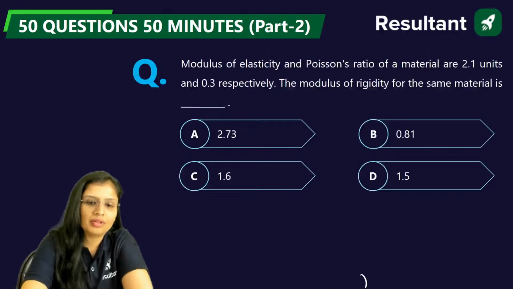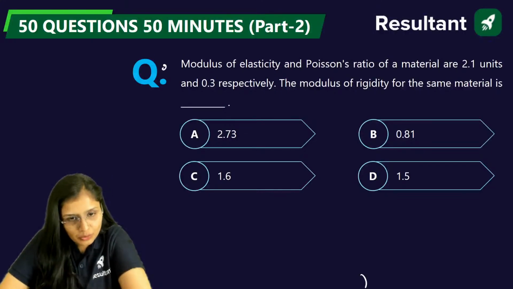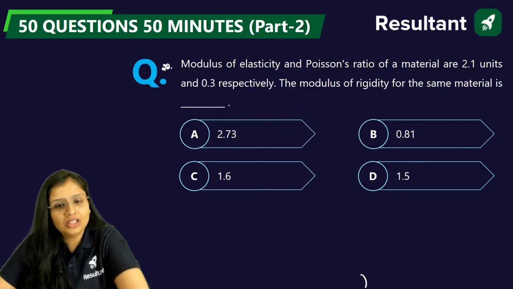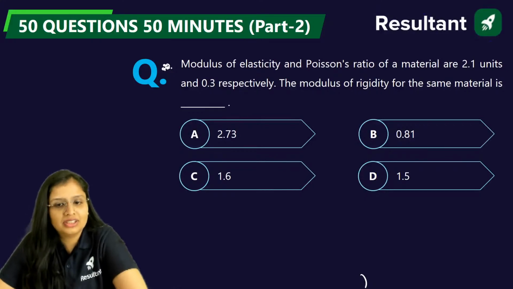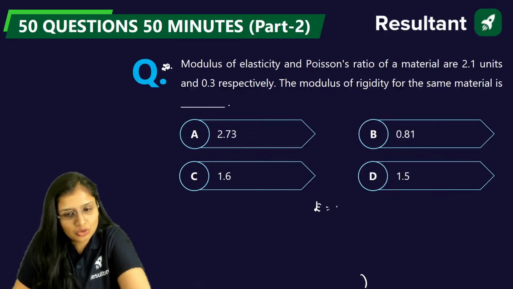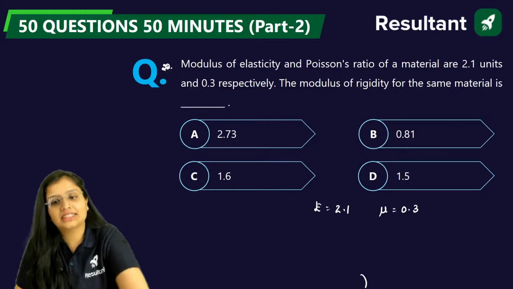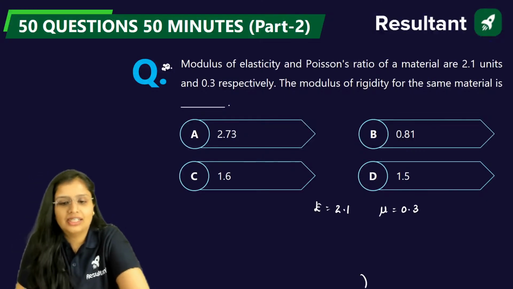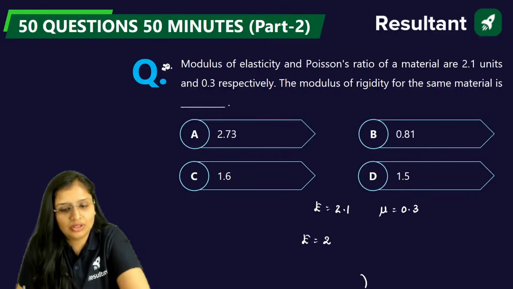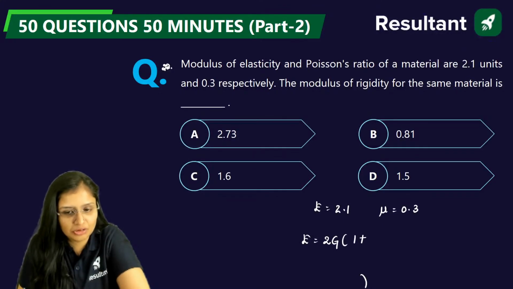Okay. Question number 22. Modulus of elasticity and Poisson's ratio are given to you. So E is 2.1 units and Poisson's ratio is given. It is asking you the modulus of rigidity, that is E is equal to 2G(1 + μ), basic formula.